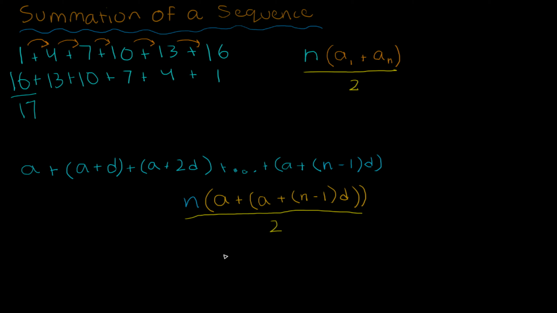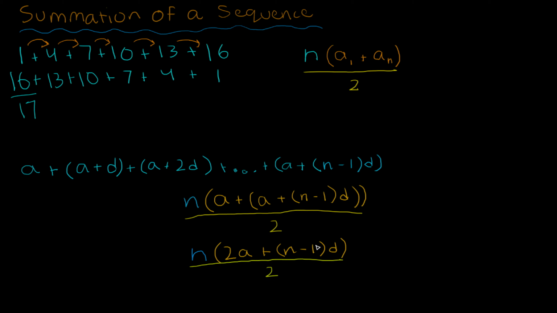So we can also simplify this to 2a, because these two a's will combine, plus n minus 1 times d, multiplied by the number of terms, which is still n. And finally, we'll have this all over 2.